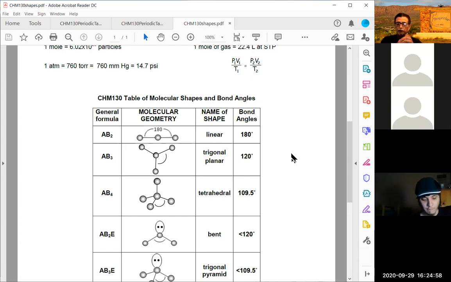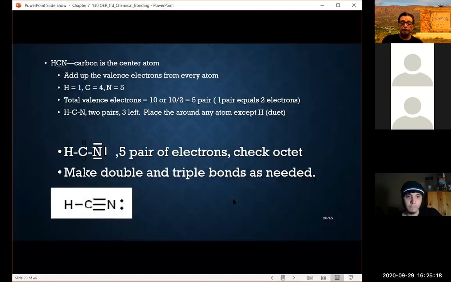And that has a molecular geometry of 180 degrees. That's the geometry given there in that second column, which has a bond angle of 180 degrees, which its particular name is called linear. Okay. So that's where we get that information.